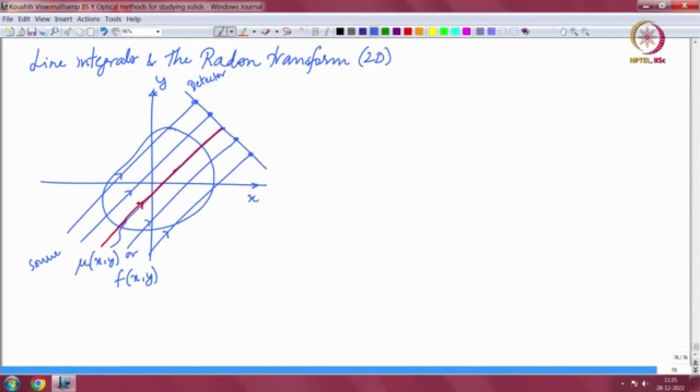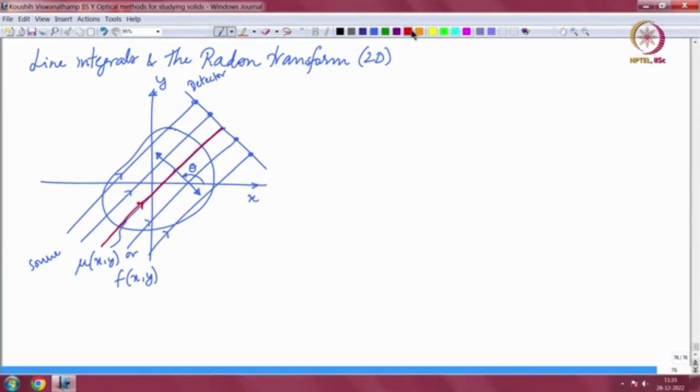The normal to this line goes in this direction. This is the normal vector, normal to any of these lines, they are all parallel. So, normal to all of them is the same, but this is the normal direction, or it can be up or down, does not matter, whichever normal. So, let us now assume that this normal makes an angle theta with the x axis.